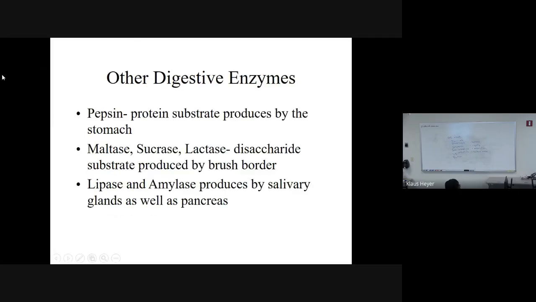Maltase, lactase, and sucrase, those are carbohydrates. Starches and sugars are carbohydrates. So I could ask it that way. I won't ask you to put all 10, I'll pick probably one or the other.